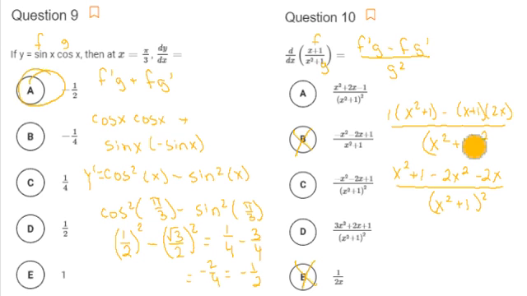Now let's combine our like terms. x squared minus 2x squared gives us a negative x squared minus 2x plus 1 divided by x squared plus 1 squared. And that matches up with our answer choice C. C is our answer there.